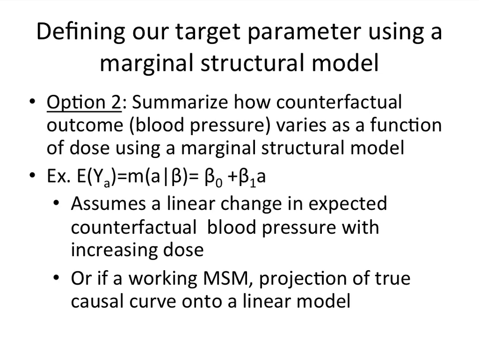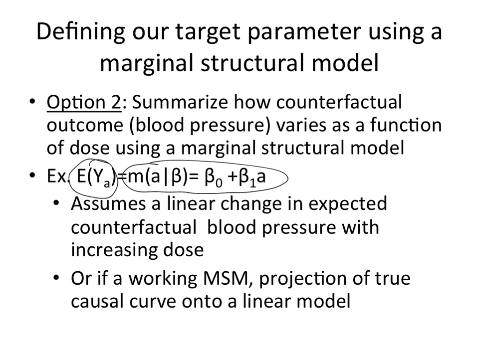So this is a marginal structural model right here, because it assumes that as you change A, the mean of Y sub A, that causal counterfactual mean, will go up according to some model, like a linear model. That's what it is. So a marginal structural model really means that you're assuming that the mean of the counterfactual changes smoothly as you change the level of treatment.